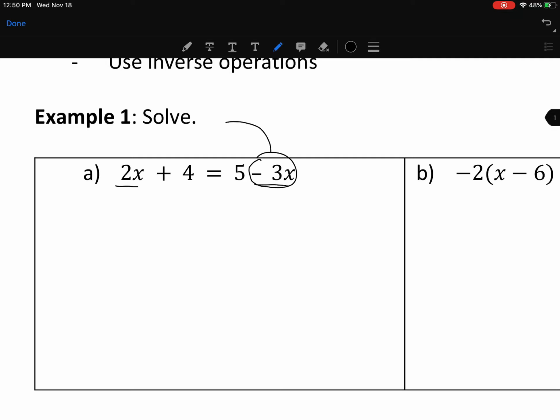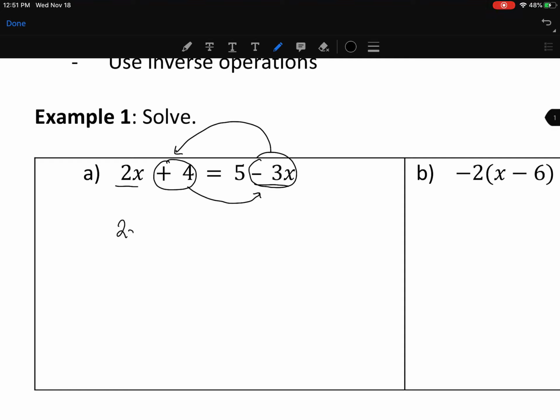So what I'm going to do is I like working with positive numbers. So we pick up the negative 3x, and I want that on the left side of the equation, so it's paired with my 2x. Those are like terms so that I can combine them. Again, we can do this in 2 steps, but I think it's easier if you do it at once. I want the numbers together, which means I have to pick up the positive 4 and move it to the right.